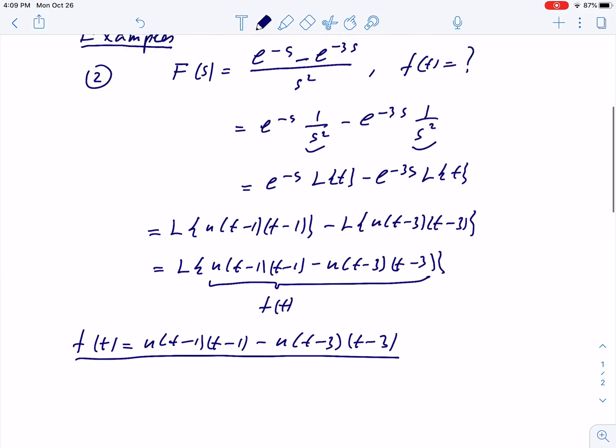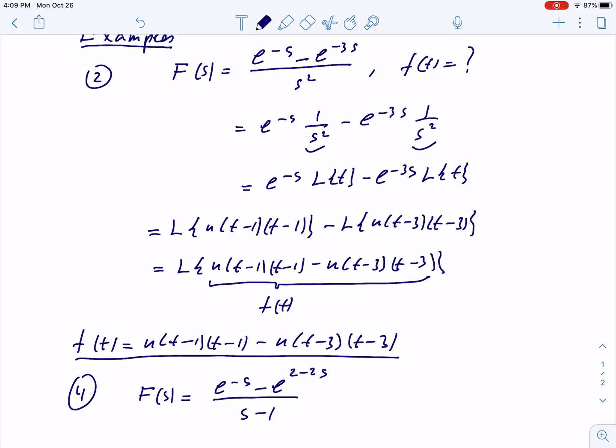Moving further, here is number 4. We are given big F of s. This time it's e to the negative s minus e to the 2 minus 2s, like that, divided by s minus 1.